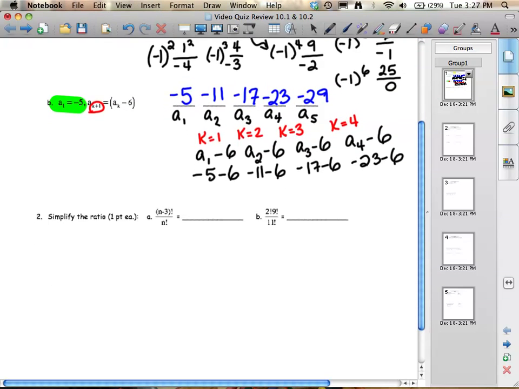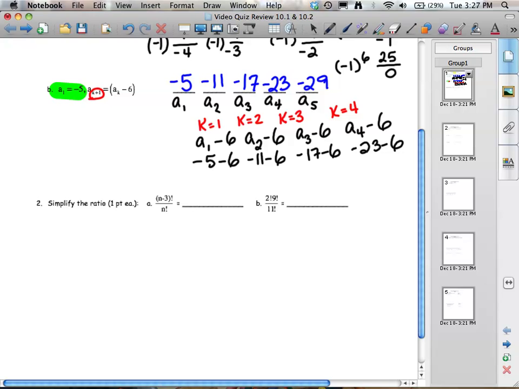The next type is to simplify using factorials. There will be one with numbers and one with variables. Now, let's review the variable one. If I'm asking for n minus 3 factorial, that's n minus 3 times what's 1 less than n minus 3?